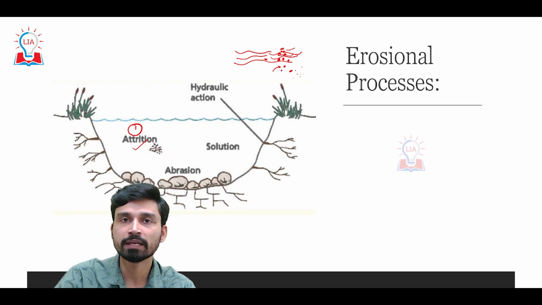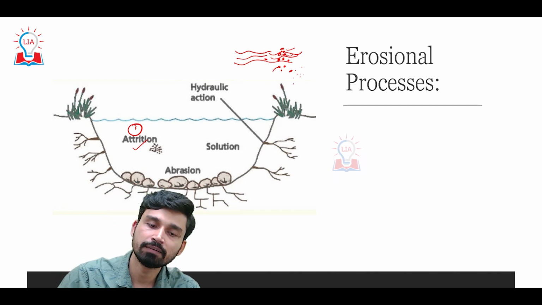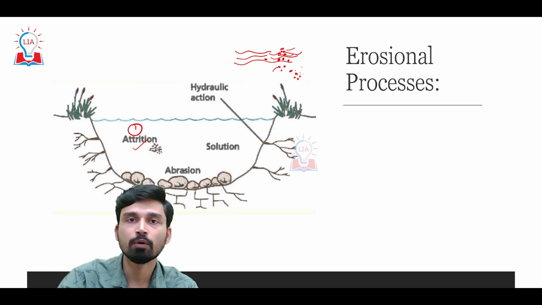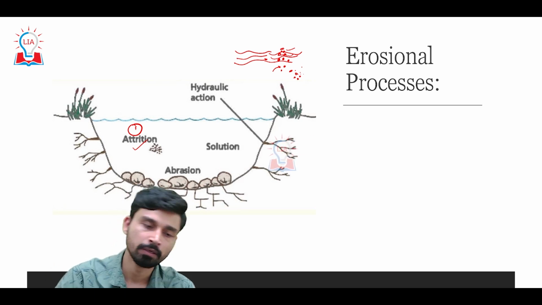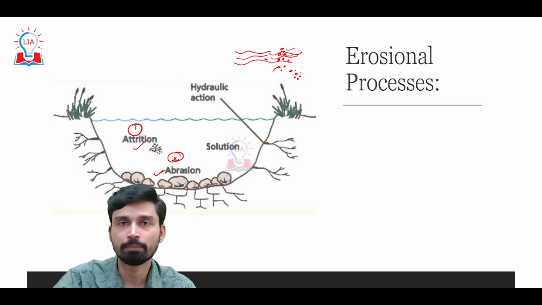In simple terms, due to the flow of the river, there is a collision between different rock particles that further causes erosion, and they are broken down into much smaller fragments. The second kind of erosion process is abrasion.